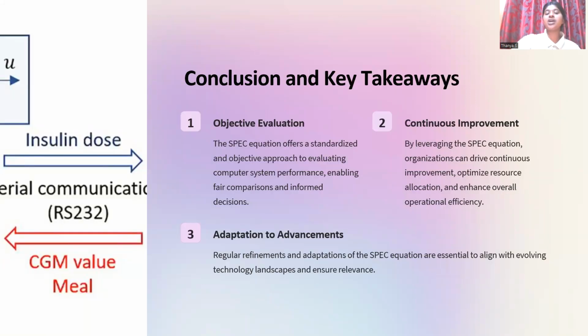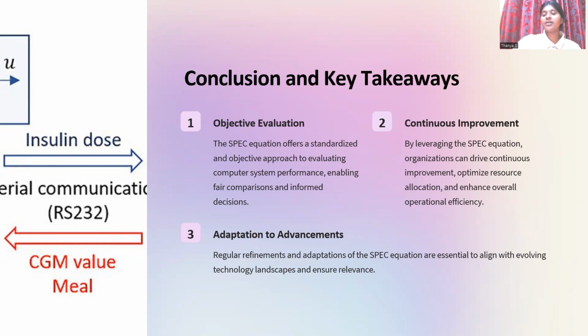The last one is conclusion and the key takeaways. First one is objective evaluation. The spec equation offers a standardized and objective approach to evaluating computer system performance, enabling fair comparisons and informed decisions. Next is continuous improvement.